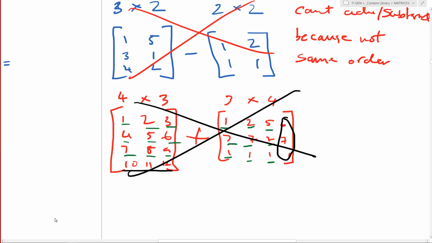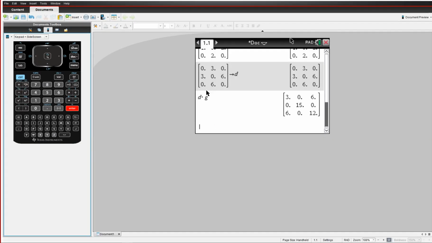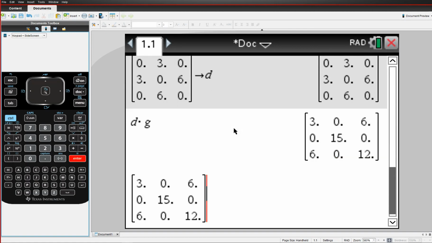Now, let me give you a quick example with the calculator and why that won't work. Let's say I'm going to make two different matrices here. I'll use this matrix, and I might go plus. I'll make another matrix here. So that's a 3 by 3.